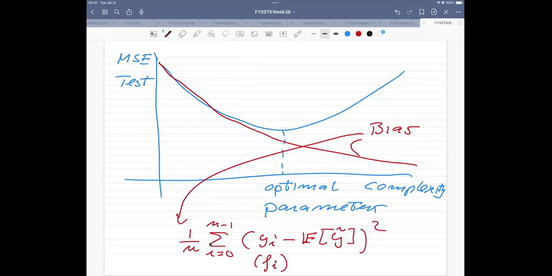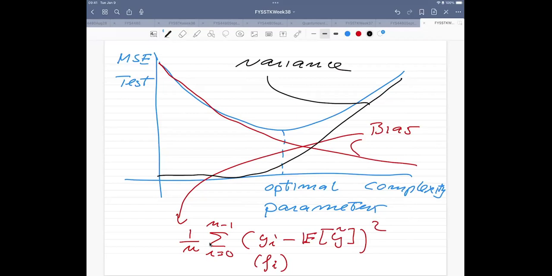Then, down here, there's going to be a new function. And this is called the variance of the model. This is the scatter in the predictions of your model. But this is now done on data which was not included in training. So pay attention to that.